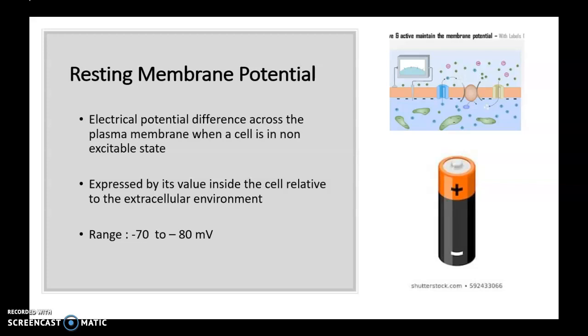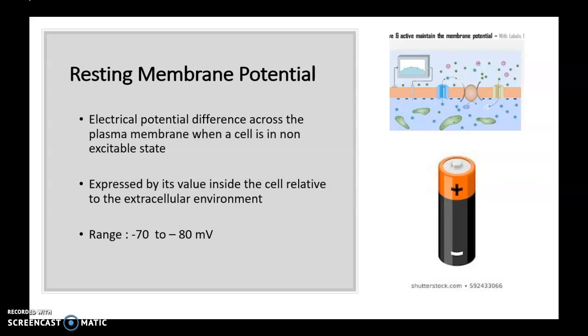In the picture on the top right, we see a plasma membrane. Embedded within the plasma membrane are different types of channels. We are not talking about the channels right now, but if you look inside the membrane, you see a bunch of negative signs in black, and outside you see a bunch of positive signs indicated by the green balls. Do you see that?